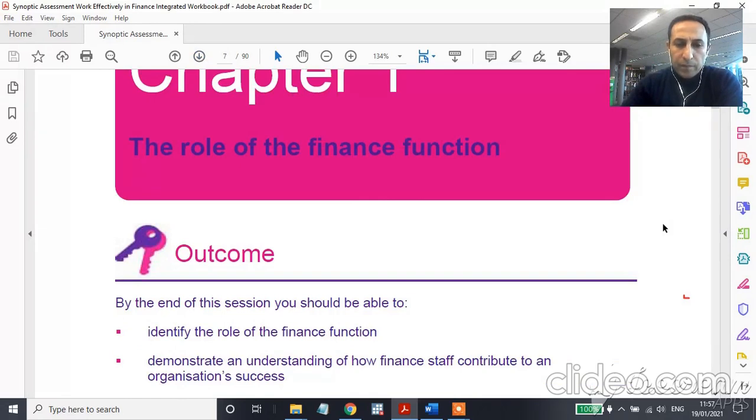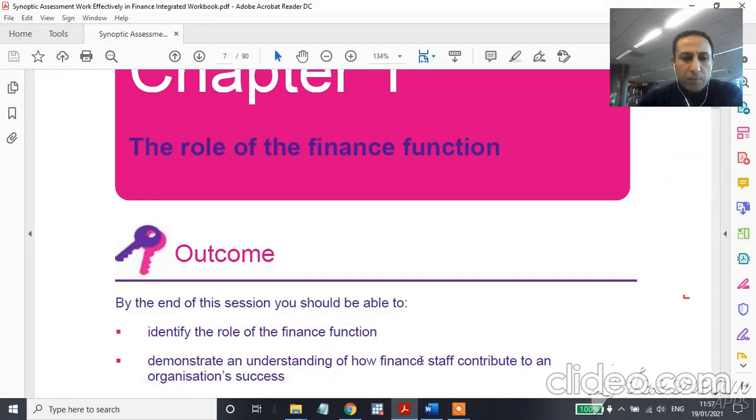The role of the finance function has an outcome and a purpose for this chapter. Hopefully by completing this chapter you will have an understanding of the role and responsibility of a finance person working in the finance team.